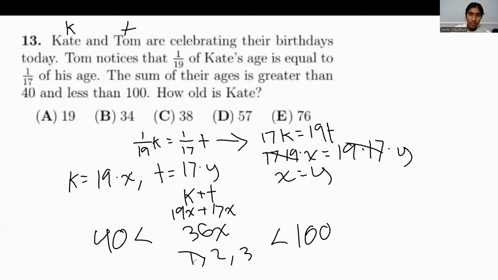Now, if x were 3, then this would be 108, which is greater than 100, so that does not work, which means x equals 2. Now, we're solving for Kate's age, which means let's go over here and plug in 2. So 19 times 2 is 38, which means Kate is 38 years old, and our answer is C.